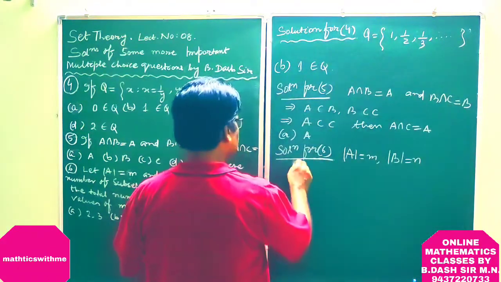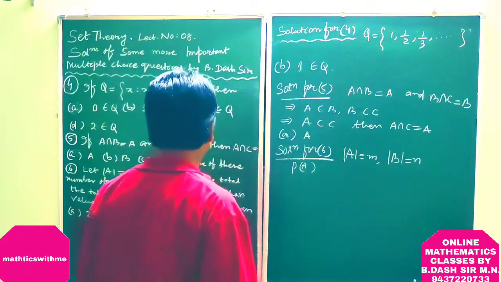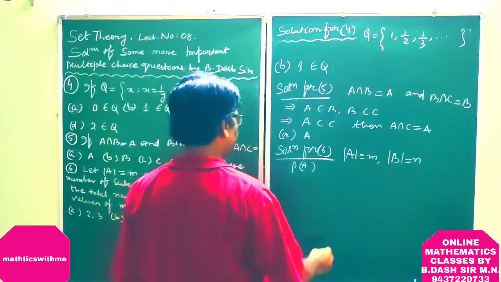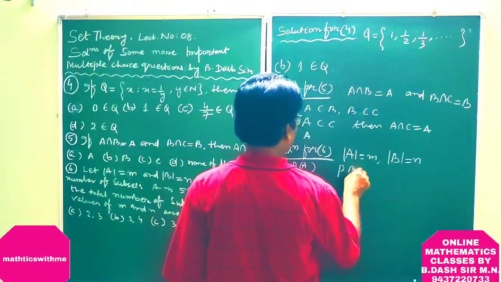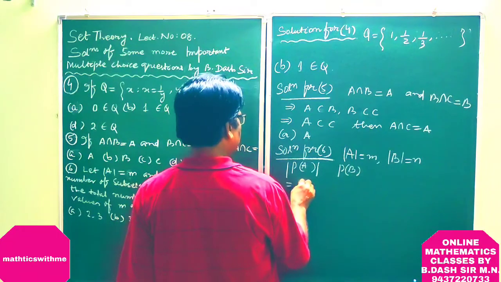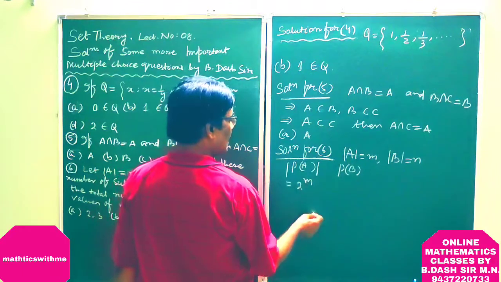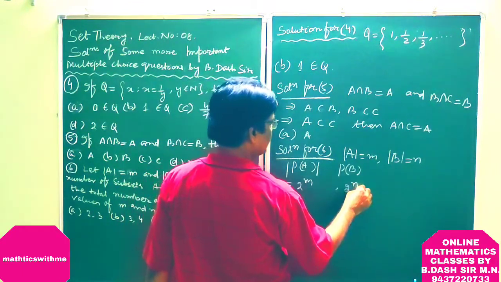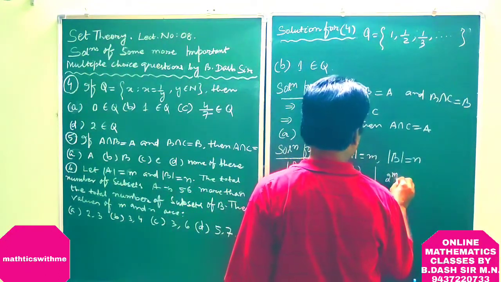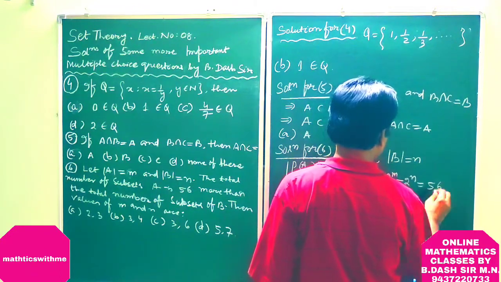The total number of subsets of A is 56 more than the number of subsets of B. So the cardinality of P of A is equal to 2 to the power m, and this is 2 to the power n. So it is given here 2 to the power m minus 2 to the power n is equal to 56.